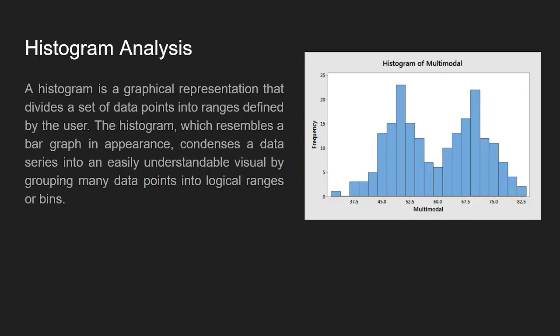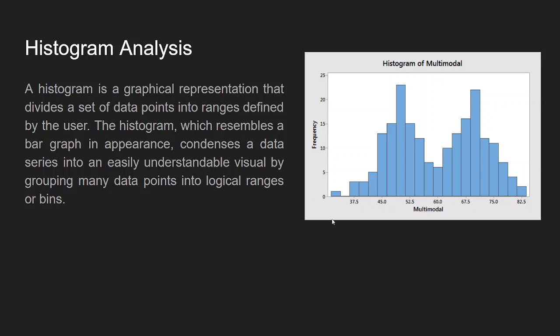Histogram analysis is a graphical representation that divides a set of data points into ranges defined by the user. On the right side, you can see the histogram diagram, a histogram of multimodal data. On the x-axis we can see the multimodal values, and on the y-axis the frequency.